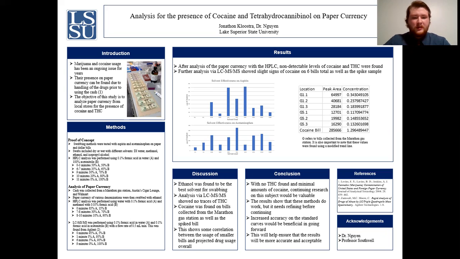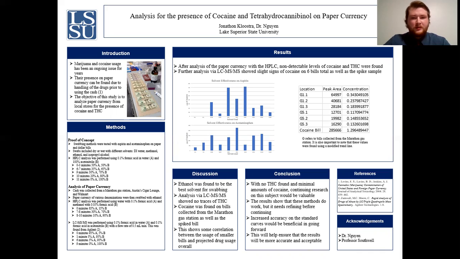And once these bills were swabbed using ethanol as the solvent, they were diluted again, 1 to 10 with methanol, before HPLC analysis. And that was done using a gradient with 0.1% formic acid in water and 0.05% formic acid in methanol.